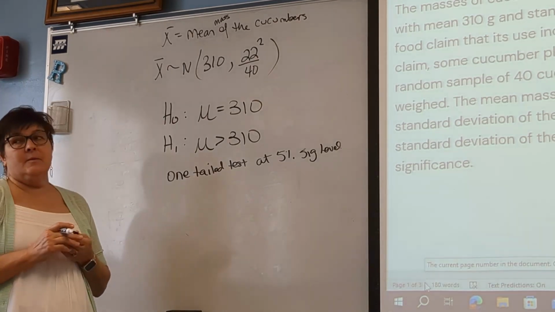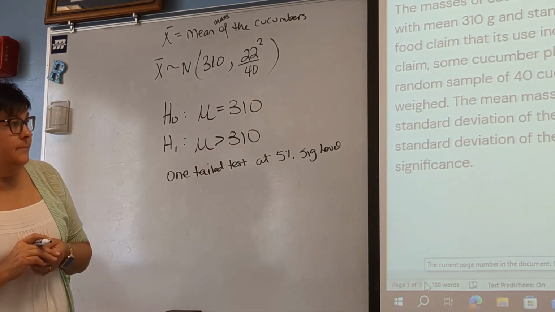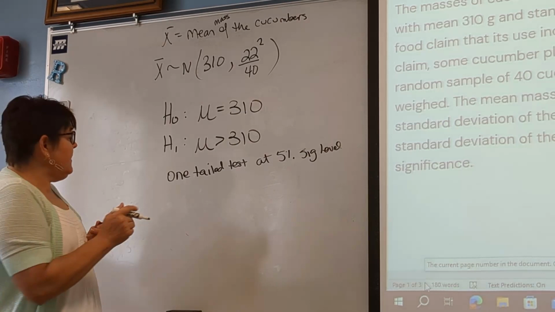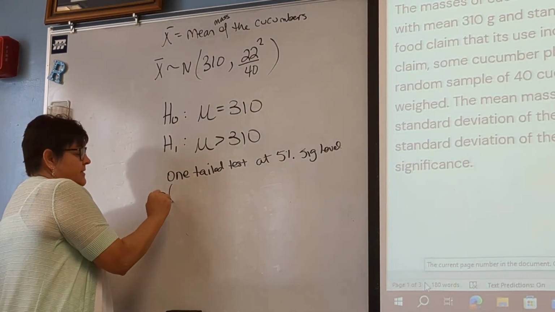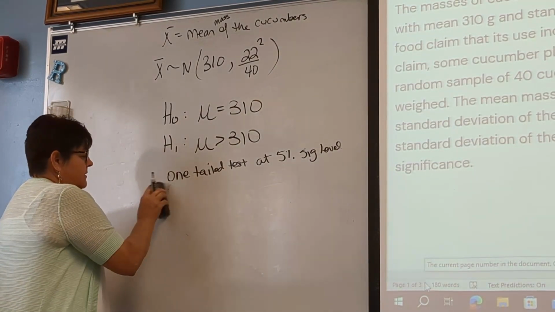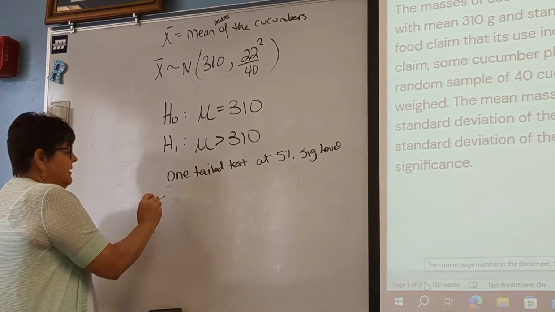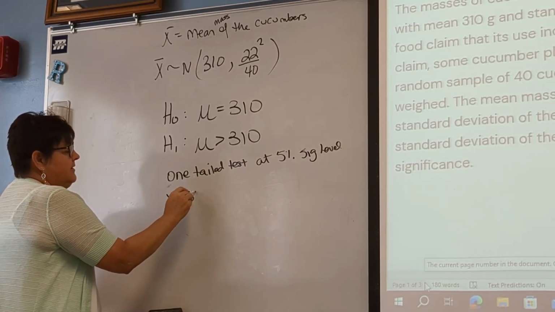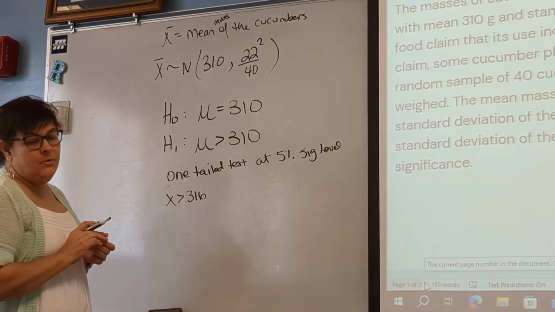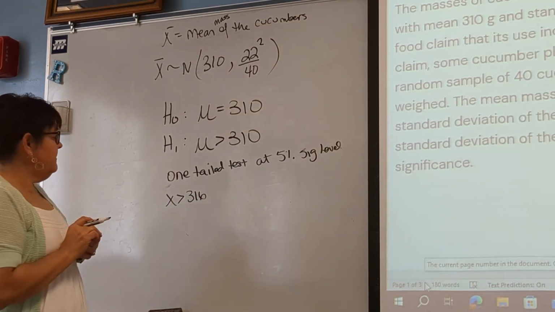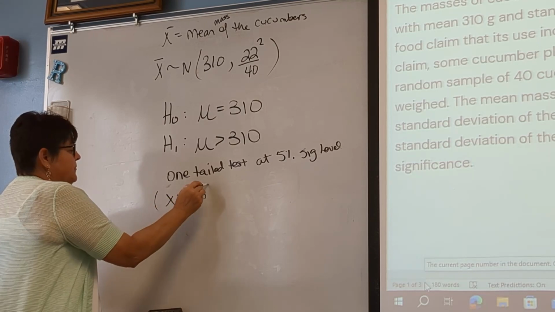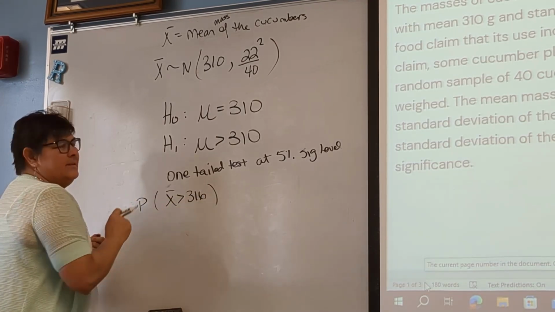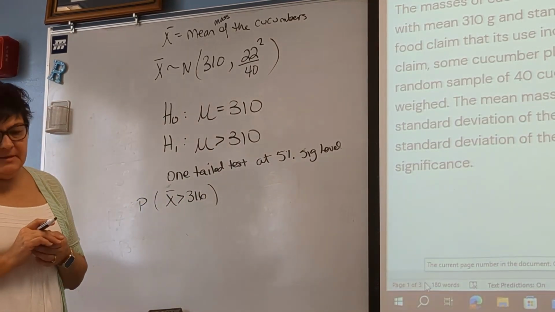What's the new mass supposed to be? 316, right? So we're looking to see that the probability that X is greater than 316, that new mean, right? Just greater than? Yeah, either way, it doesn't change anything.